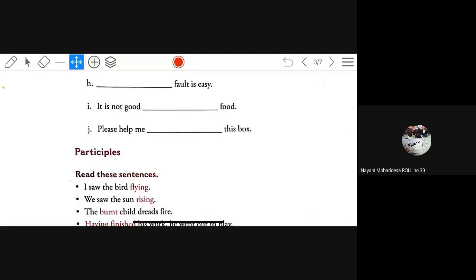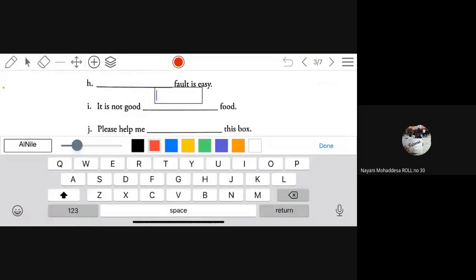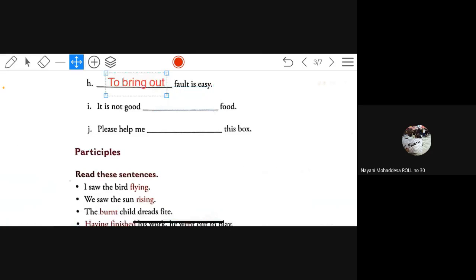Anything else? To show. I will write to show. Or to bring out. That is also the same. To bring out or to show. Or to find. Can we write to find? To find fault is easy.